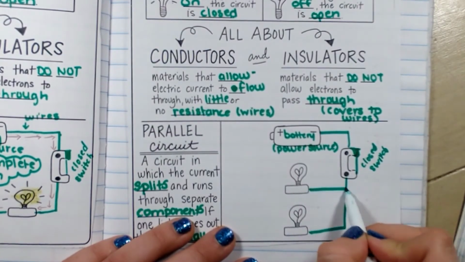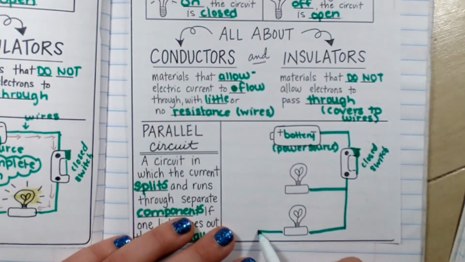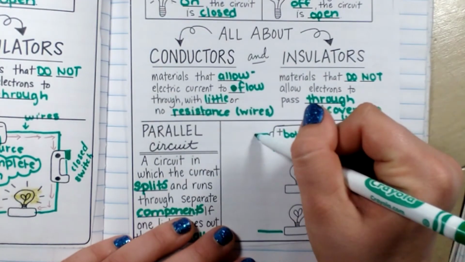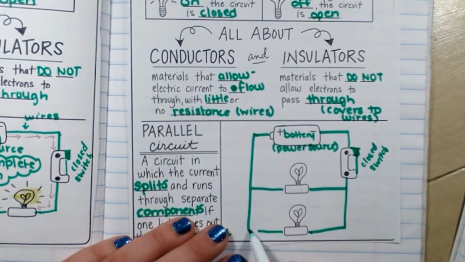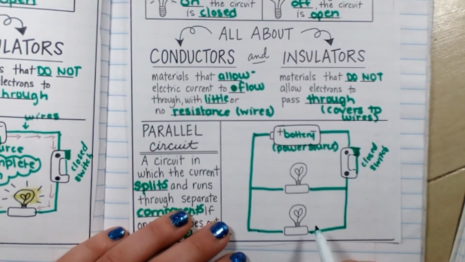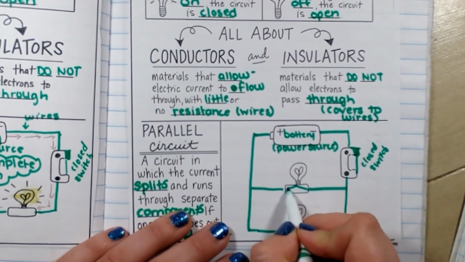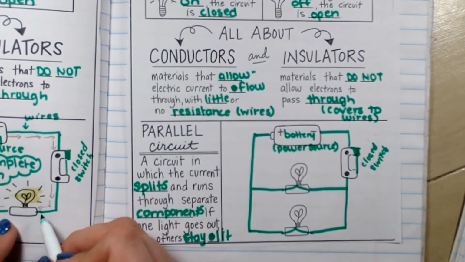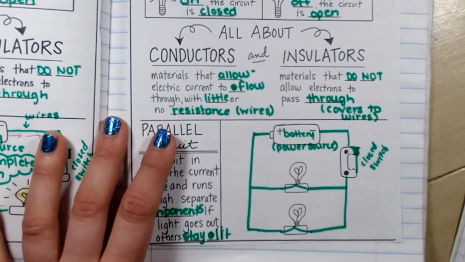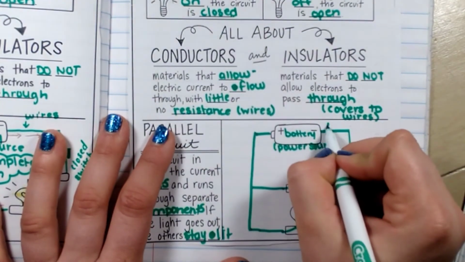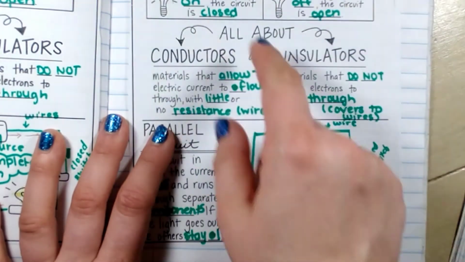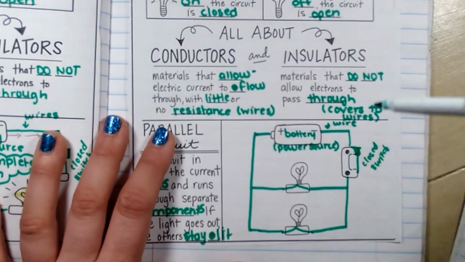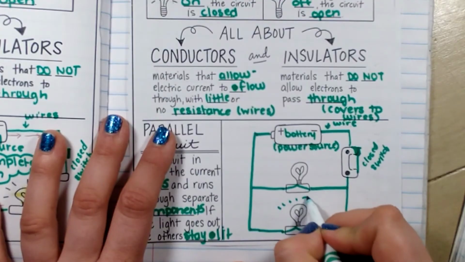And now I have the wires going in different directions here, and not in just one single path. This is the wire. And these light bulbs are on. Usually we do that symbol if they're on.